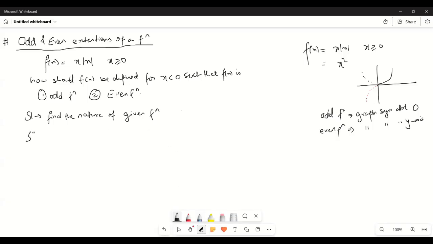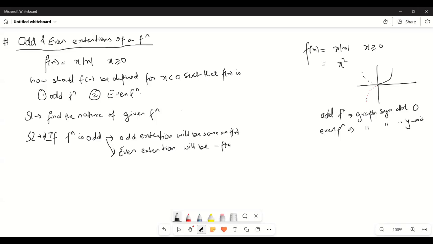So what we do is, if the original function is odd, then the odd extension will be the same as f(x). But the even extension will be minus of f(x).